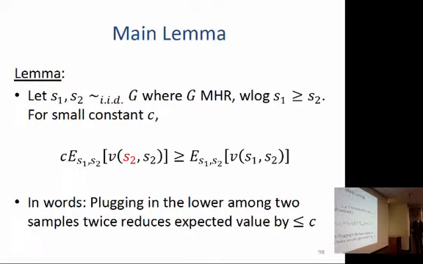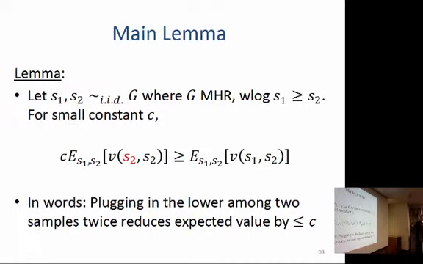Our theorem is based on the following lemma. On the left-hand side, we have two signals, S1 and S2, drawn IID from distribution G, which is MHR. The left-hand side is the expectation of the value when I plug in the smaller of the two signals, S2, twice.